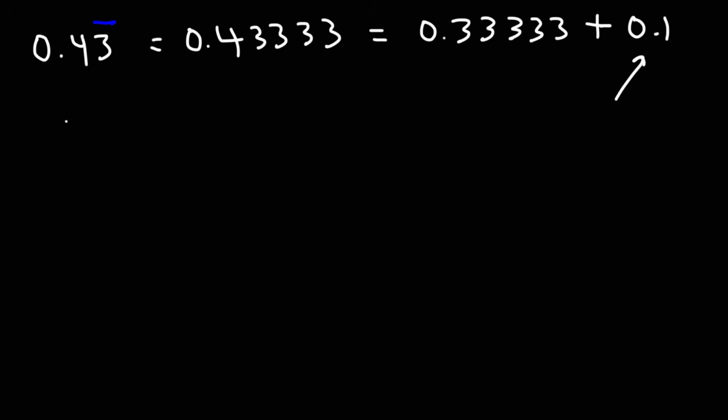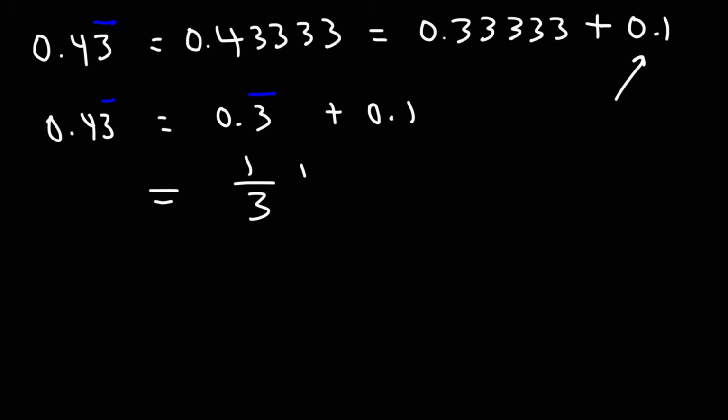Now, let's write the exact values here. So 0.43 repeating is 0.3 repeating plus 0.1. 0.3 repeating, we know it's 1 over 3. 0.1, we know it's 1 over 10. So now we need to combine these two fractions.